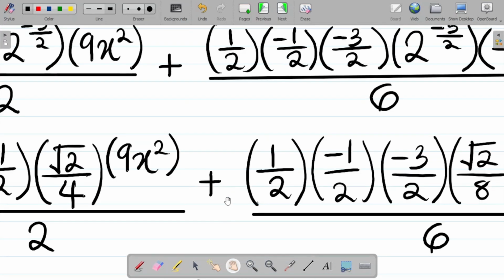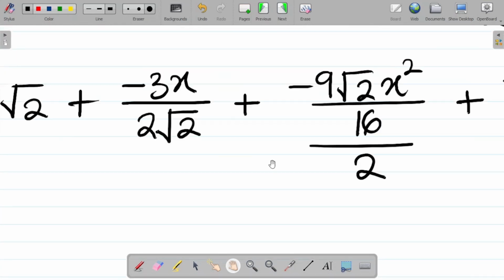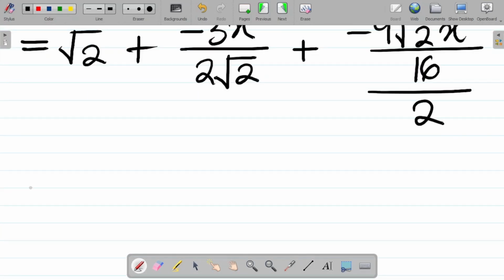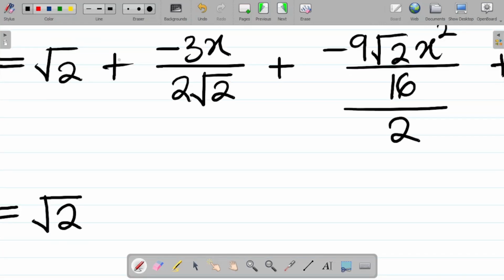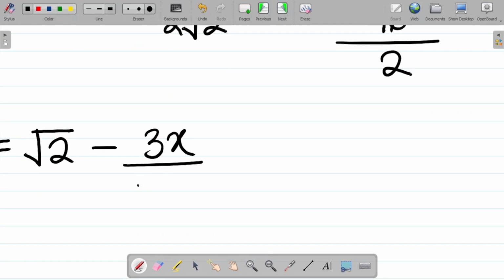Let's proceed with this. All right, so proceeding with this here, this will now be equal to what I have here, root 2. Root 2 plus times minus gives you minus. That becomes minus 3x all over 2 root 2.